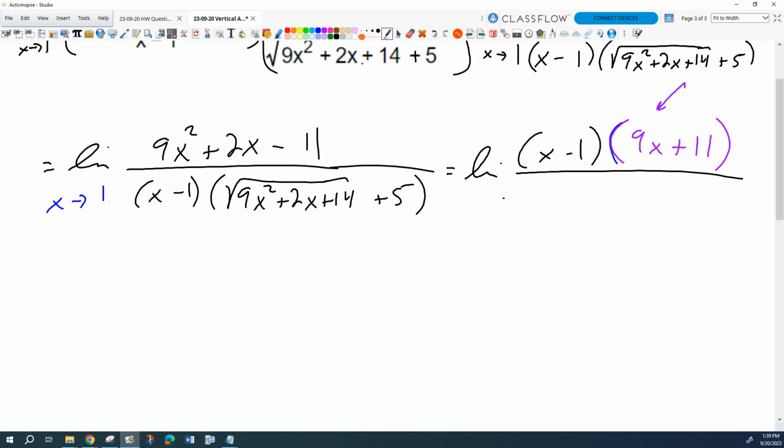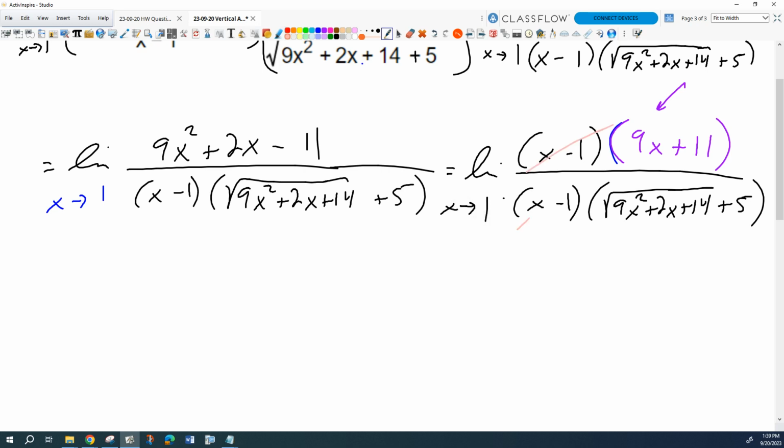It would have been fine. Divided by, on the bottom, we've got x minus 1 times the quantity square root of 9x squared plus 2x plus 14 plus 5, as x approaches 1. Sure enough, as predicted, the x minus 1s cancel.